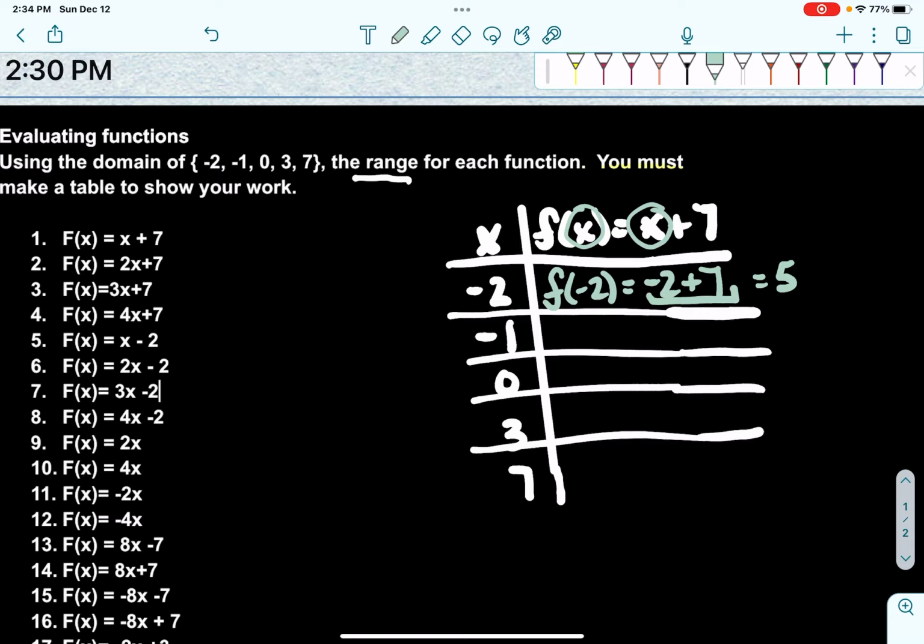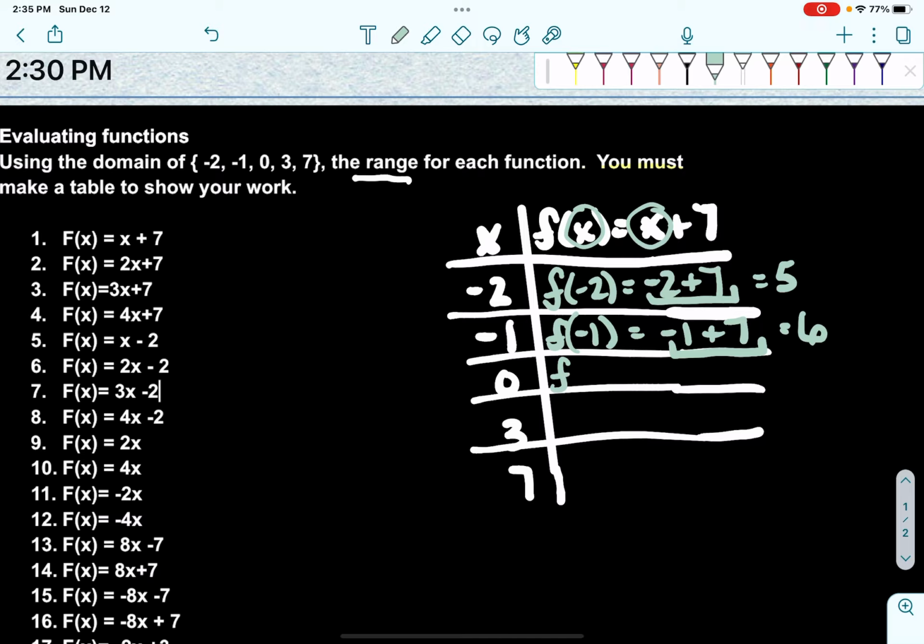Now my job is to keep going and do the exact same thing with all of these. So if I go to the next one, I'm going to plug in -1 now. So -1 plus 7 is 6.